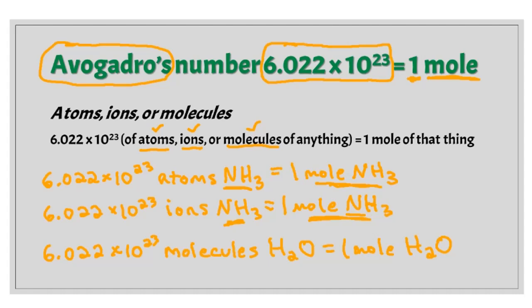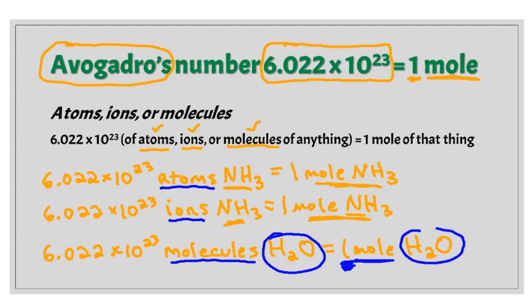So it doesn't matter what substance we're dealing with, or what compound we're dealing with. If it's atoms or ions or molecules of that thing, whatever that thing is, in this case it's water, it's going to always equal 1 mole of that same thing.